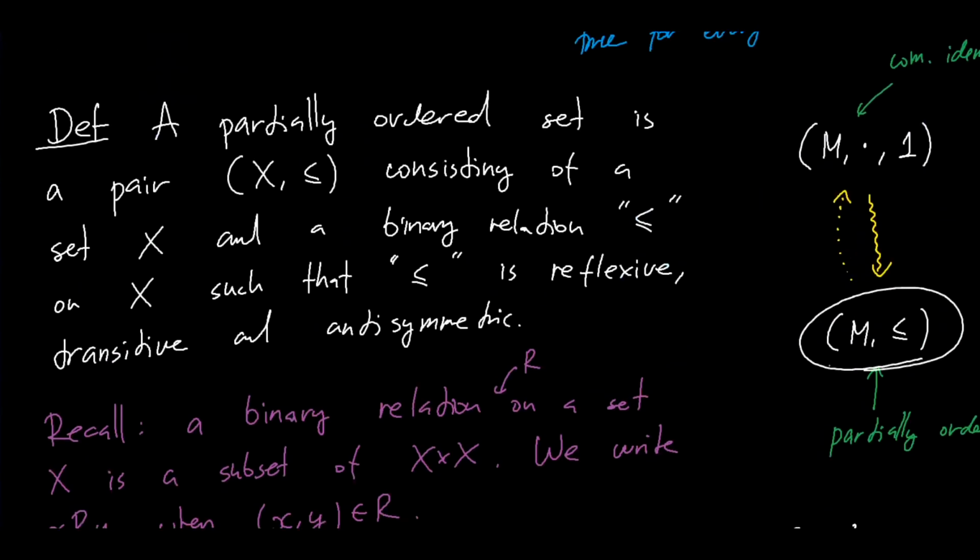Starting with a partially ordered set, but not just arbitrary, the one that admits joins and has smallest element, we can then go back. Let's now go back to what we did. We have a bit more information about partially ordered sets now.